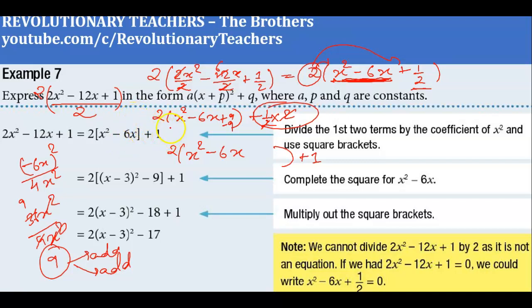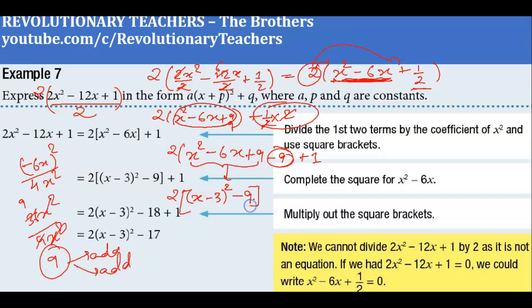So this becomes, take these 3 terms together. See children, we added 9 and subtracted 9. Now this became a perfect square, 2 times x minus 3 whole square. Now what about this 9? Keep it as it is.